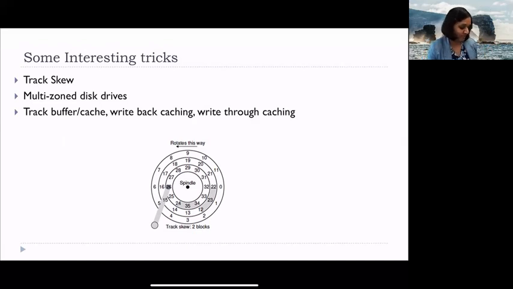So let's look into, we do not have enough time to dive into all the improvements that have been done, or all interesting things that have been proposed and discussed in research articles and literature, which made the hard disk what it is today from the time that it was invented.